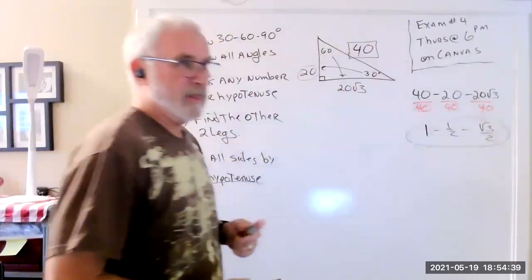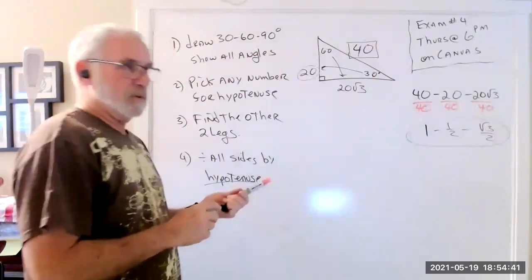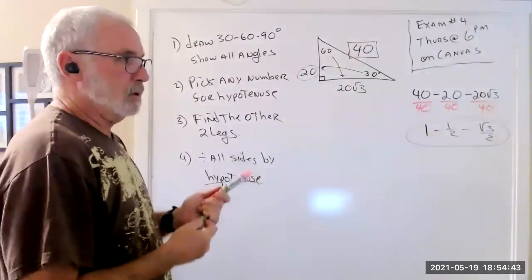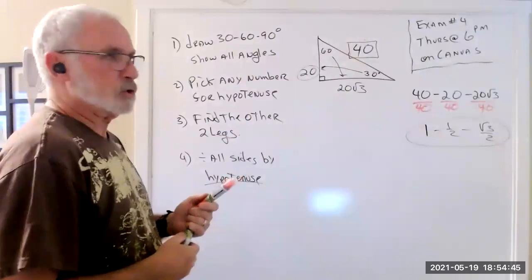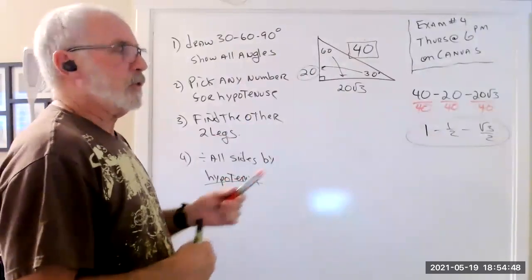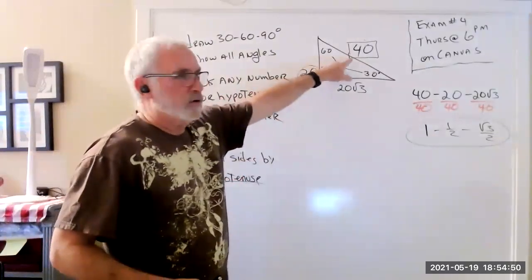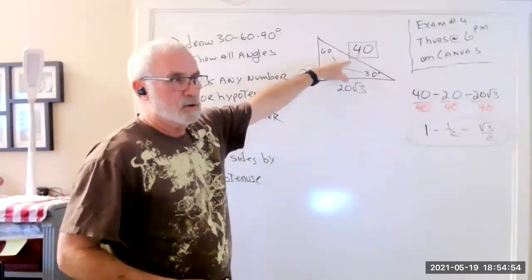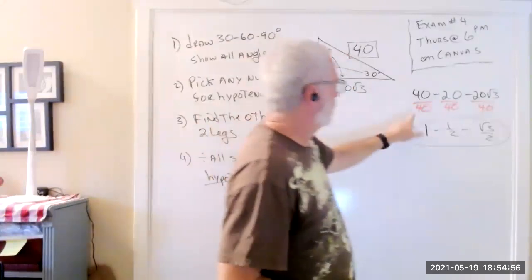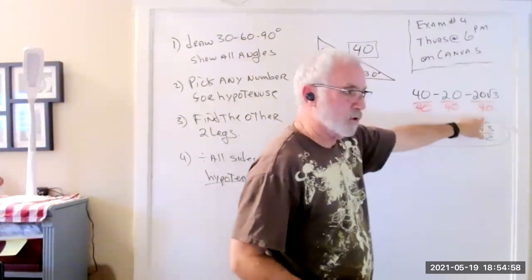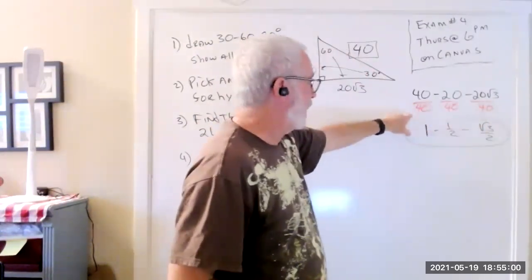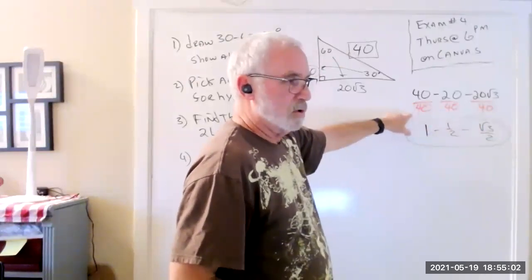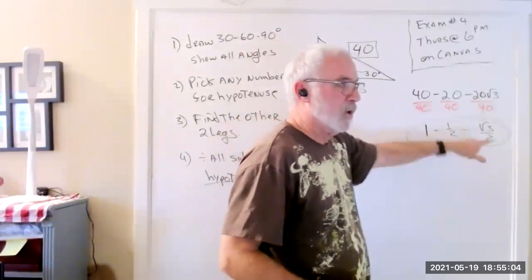Everybody should have gotten that. It's kind of bizarre that everybody could have a different hypotenuse, but when we divide all your legs by that hypotenuse, we all get the same answer.